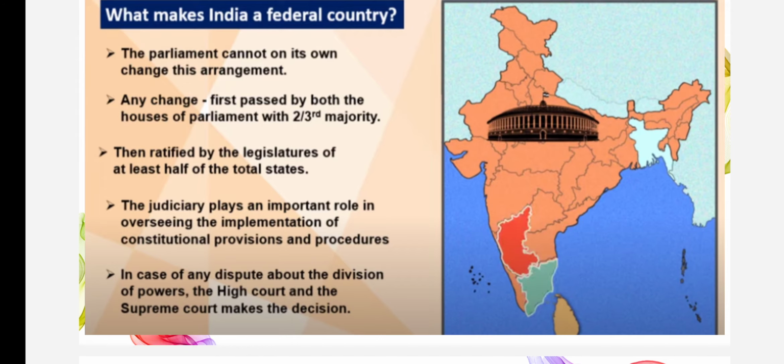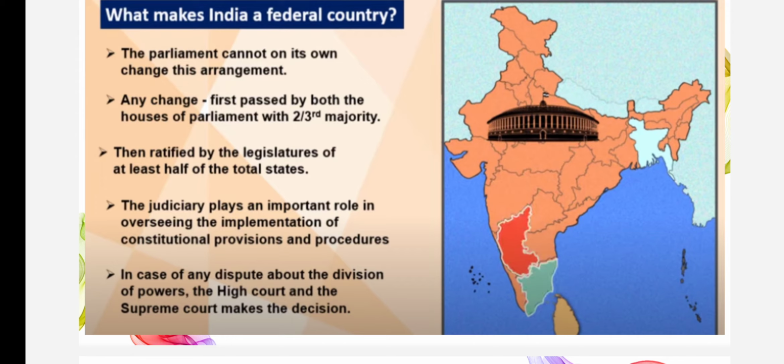Now, the judiciary also plays an important role in overseeing the implementation of constitutional provisions and procedures. So the lower house, the Lok Sabha, and the upper house, Rajya Sabha, play an important role in bringing changes, but the judiciary also plays an important role because it safeguards the constitution.